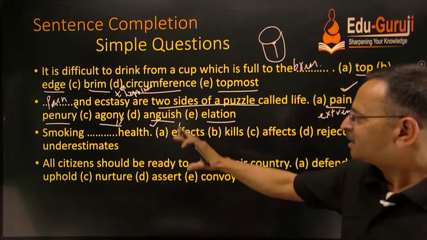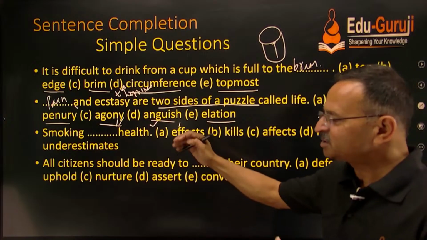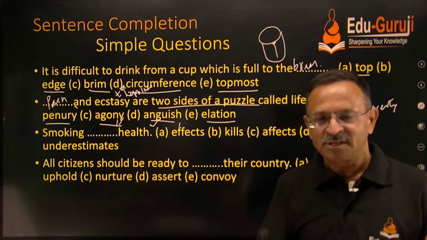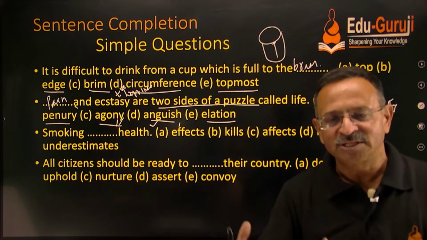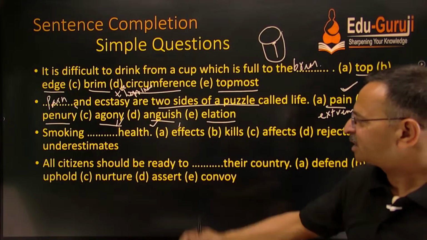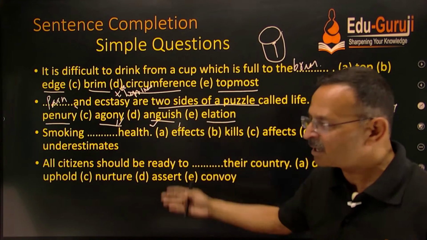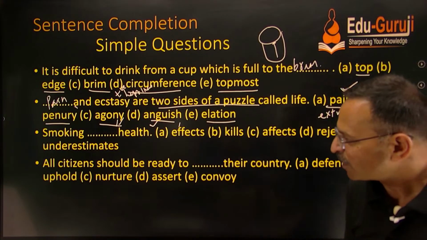So the right answer would be pain and ecstasy, because pain is a broader concept as compared to agony and anguish, which are narrower concepts, so they cannot come. I do agree agony and anguish may come, but pain would be the best choice over here.